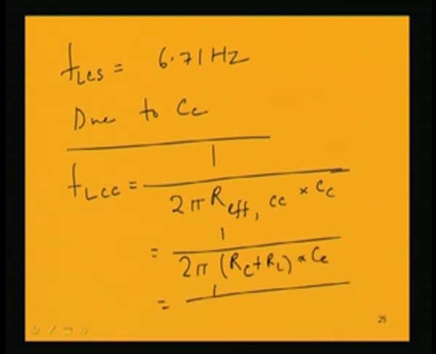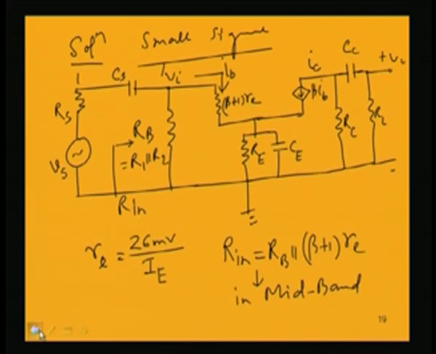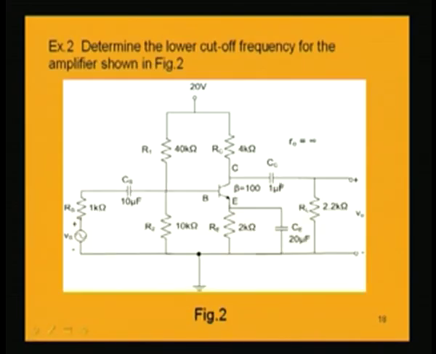So, putting these values, Rc is given as 4K and RL is 2.2, but these are in kilo ohm, and Cc value is 1. You can look into the amplifier again and find out what values are given. Cc is 1 microfarad, RL is 2.2K and Rc is equal to 4K.